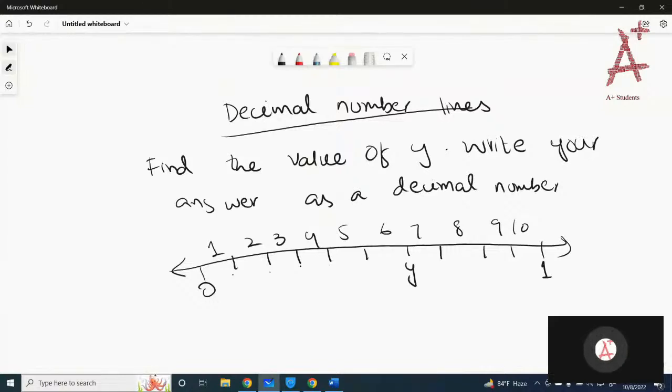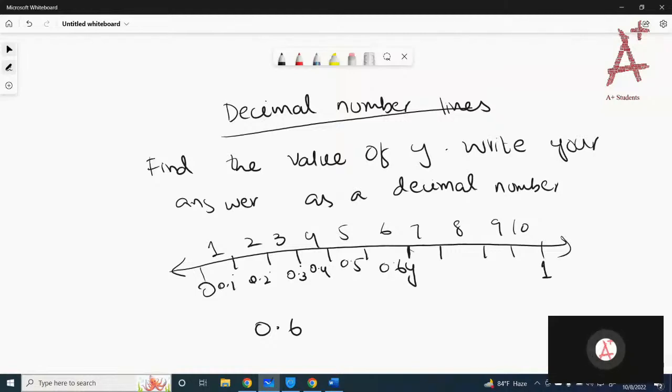Here you have 6. That means from 0 to y, it is 0.6 because it has 6 intervals. You can count: 0.1, 0.2, 0.3, 0.4, 0.5, till y, it is 0.6. Just count the lines up till y, they are 6. That means it is 0.6. Got it?